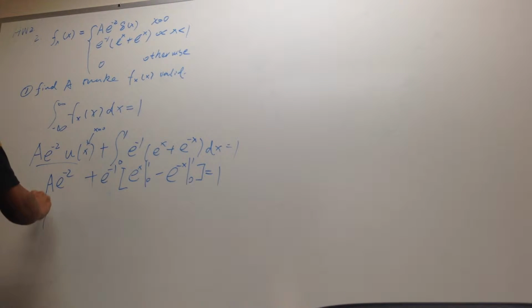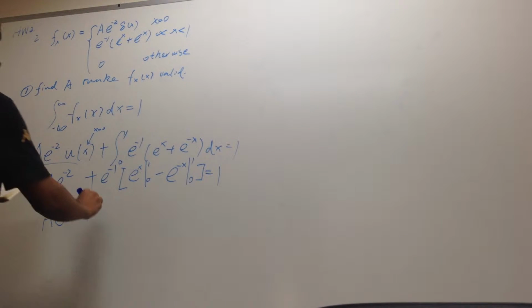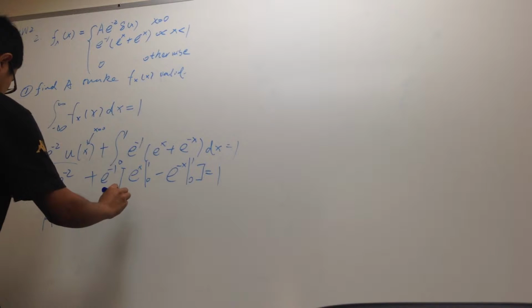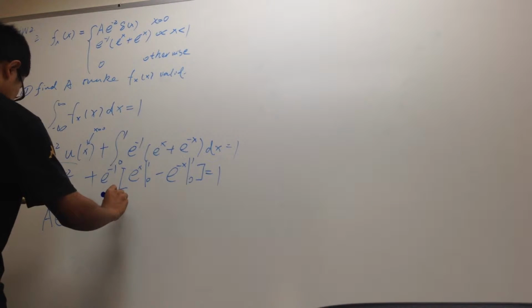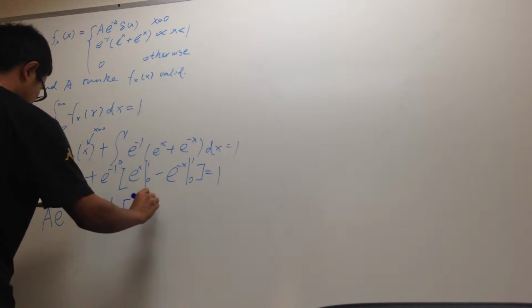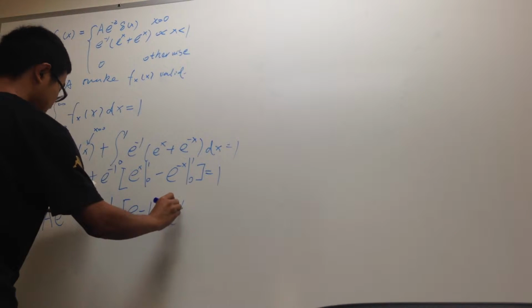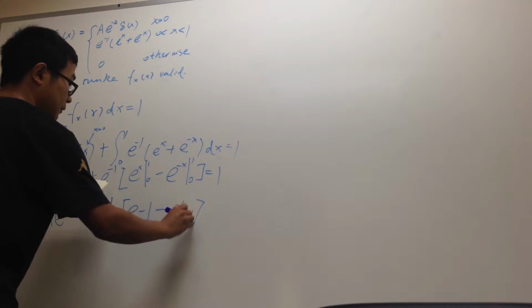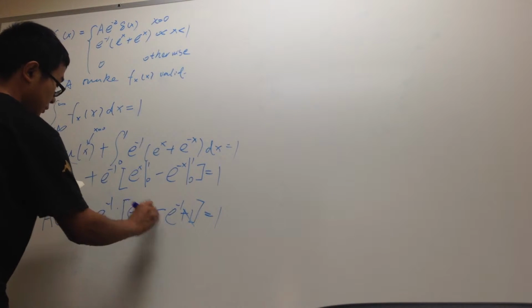So we have A e minus 2 plus (e minus 1) multiplied by (e minus 1 minus e minus 1 plus 1) equals 1. So we cancel this to 1.